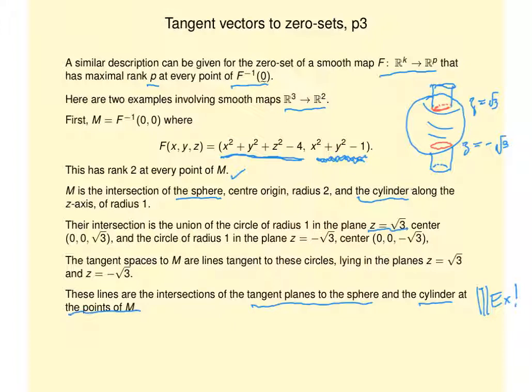And the tangent spaces to the intersection, to the zero set, would be the intersection of these 23 hypersurfaces of dimension 36. Let's not do an example in detail of this, but exactly the same principle would hold, that the tangent spaces to the intersections would be the intersections of the tangent spaces.